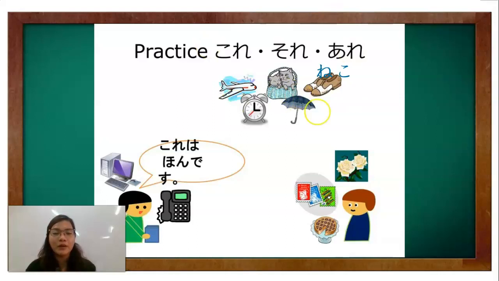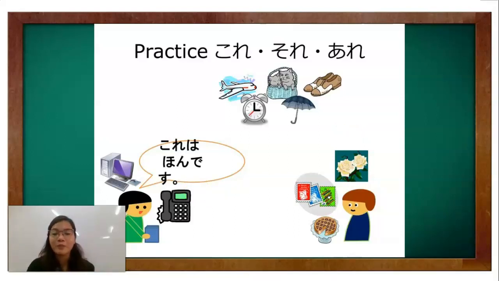Next is shoes, or in Japanese it is kutsu. And last for this vocabulary is umbrella, or in Japanese it is kasa. I hope you remember some of these vocabulary here.